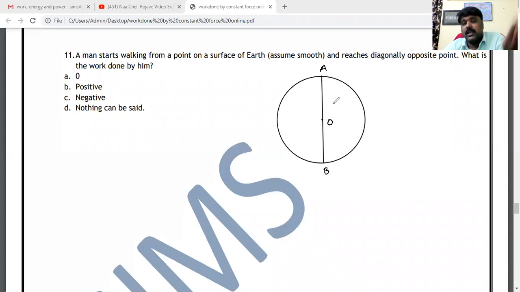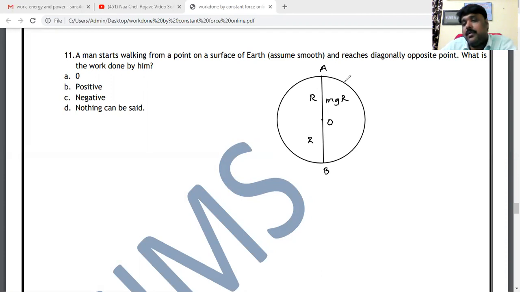Let us think in a different manner. Suppose the man has come from A to here. Then let us say the work done, R being the radius of the earth, is mgR. Then when he moves from O to B, he is doing the work against gravity.